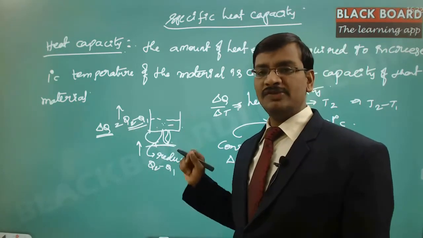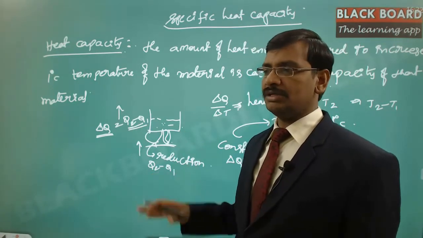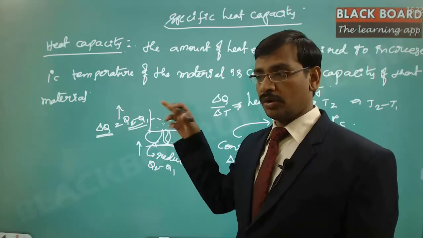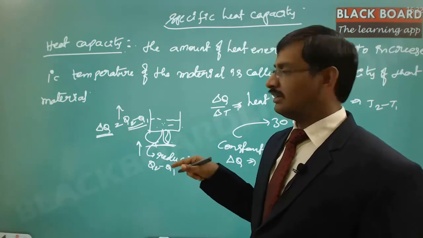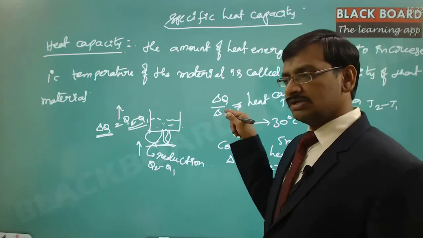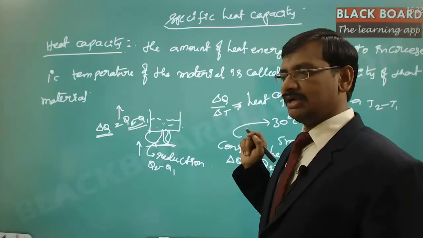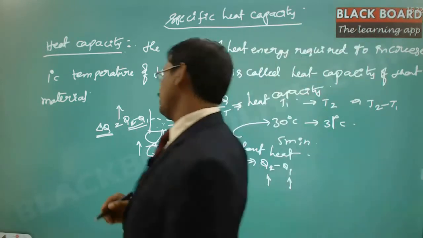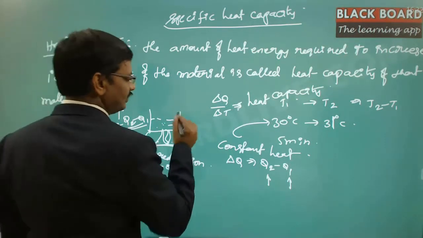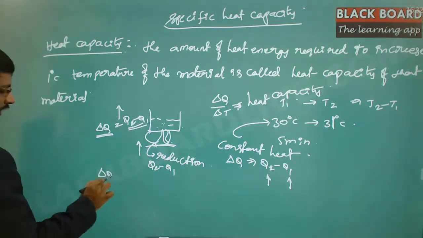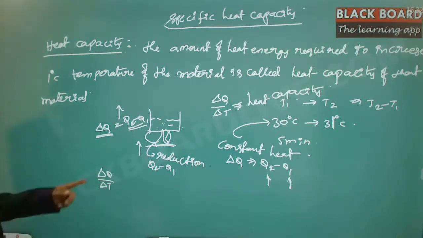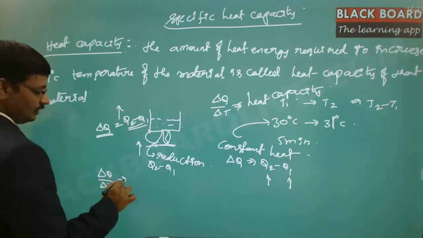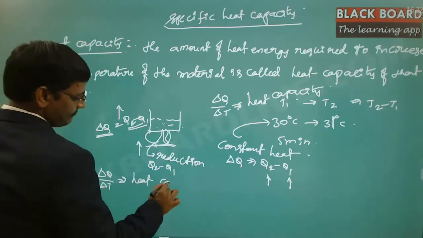Will the temperature rise be the same? Obviously not, because the amount of water is more now. The amount of water also plays a role in how much heat gets absorbed, so obviously you need to divide by the mass. Delta Q by delta T, the change in heat energy by change in temperature, is called the heat capacity.